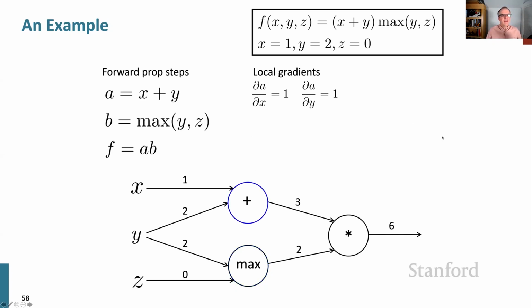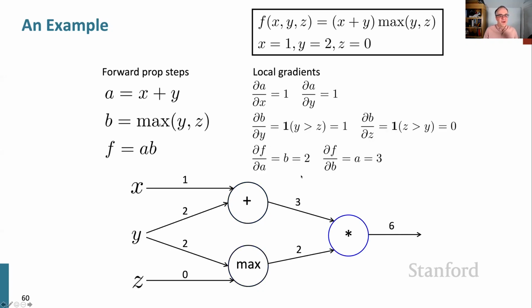And then finally, here we're calculating the product f equals ab. Okay, so for the product, the derivative of f with respect to a is equal to b, which is 2, and the derivative of f with respect to b is a, which equals 3. So that gives us all of the local gradients at each node.